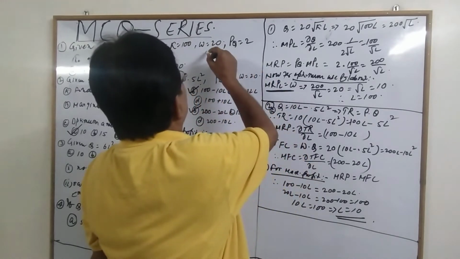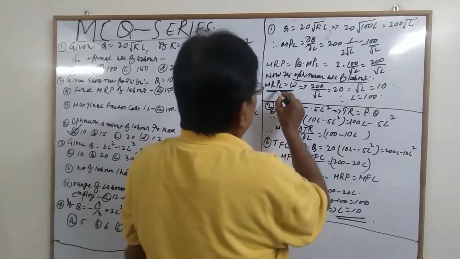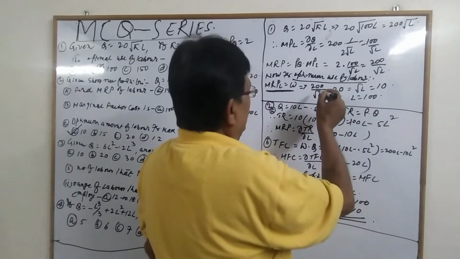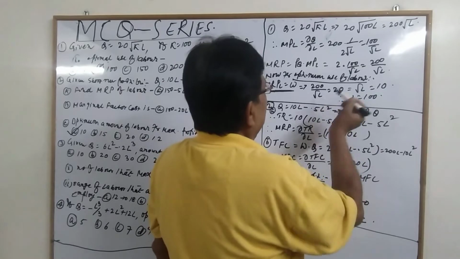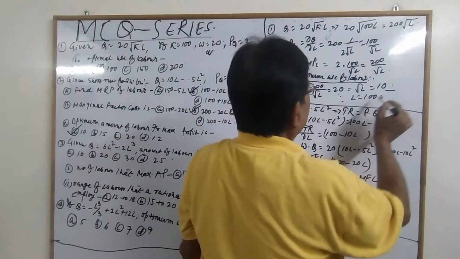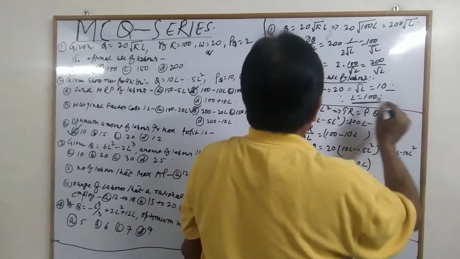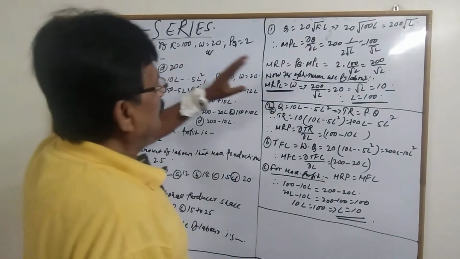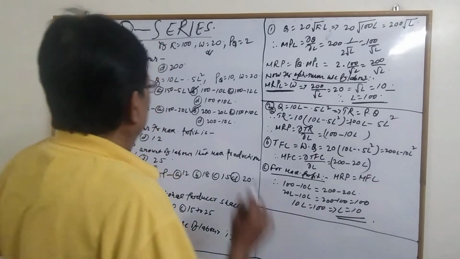The wage rate is given as 20, so 200 by root L is 20, root L becomes 10, so L becomes 100. Yes, 100 would be the answer. So the optimum use of labor would be 100. This is what had been asked.